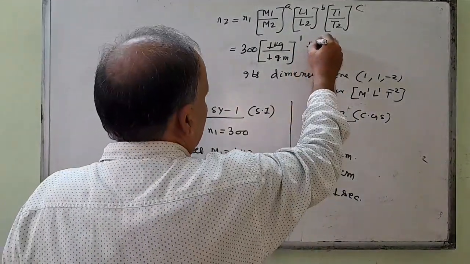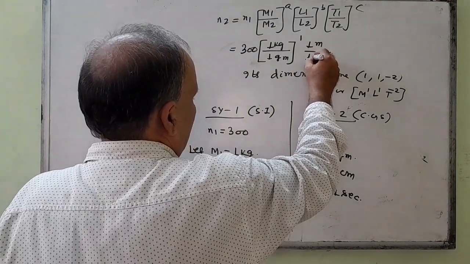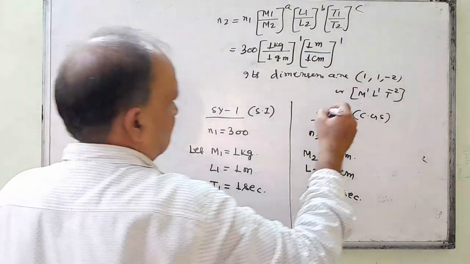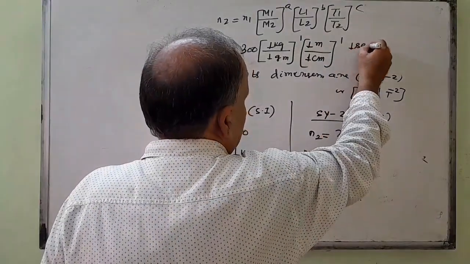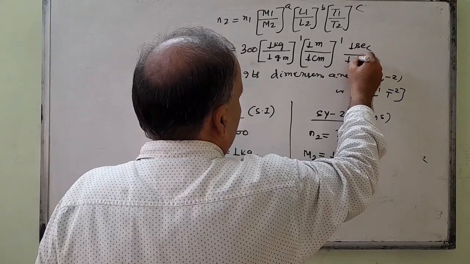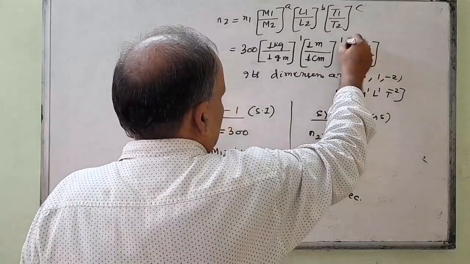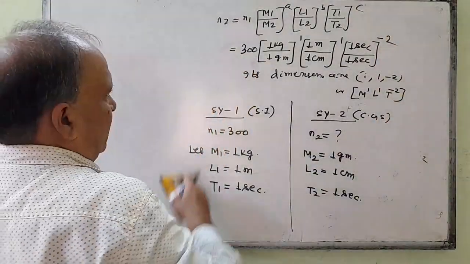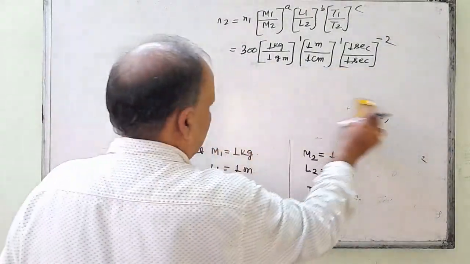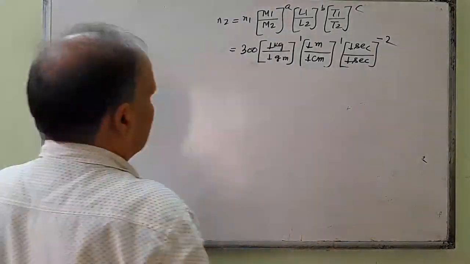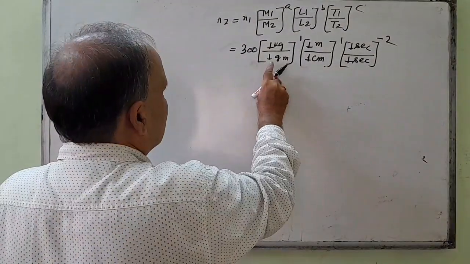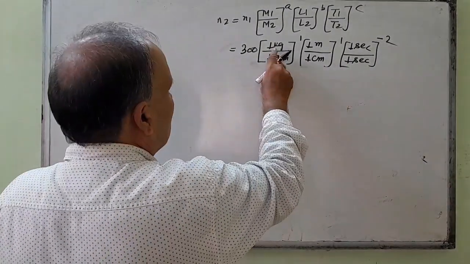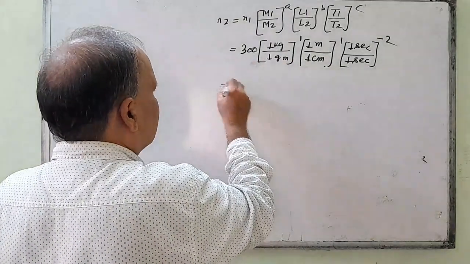L1, 1 meter by 1 centimeter to the power 1. 1 second by 1 second to the power minus 2. You write this. You see, important thing. Here you see, you don't change the denominator part. Only you change numerator part.